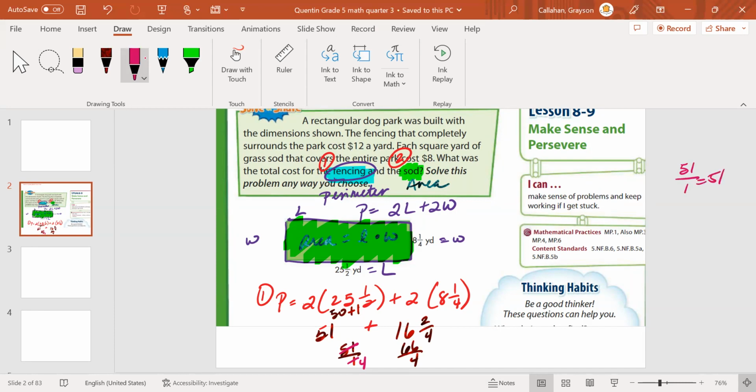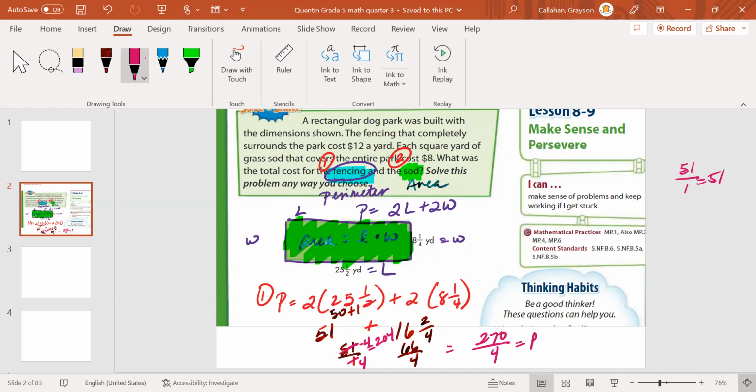We need to find a common denominator. What's 51 times 4? So we have 270 over 4. That is the perimeter, okay?